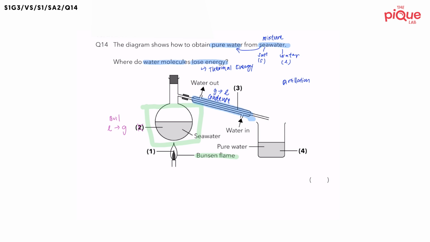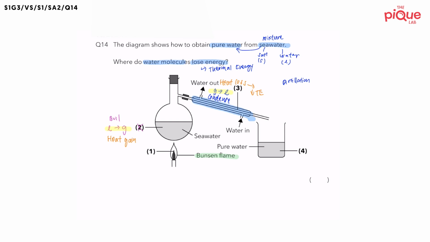Looking at the state changes of both condensation and of boiling, do you realize that boiling and condensation are opposite processes to each other? So if boiling undergoes a heat gain, condensation must undergo a heat loss. Or in other words, a loss of thermal energy.